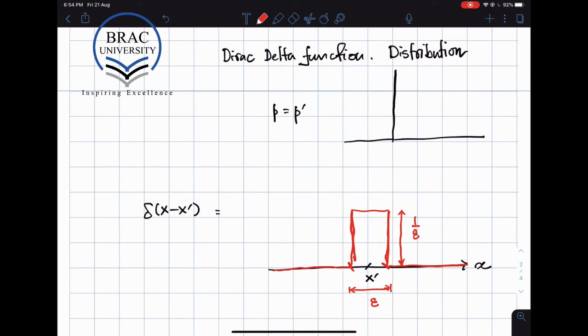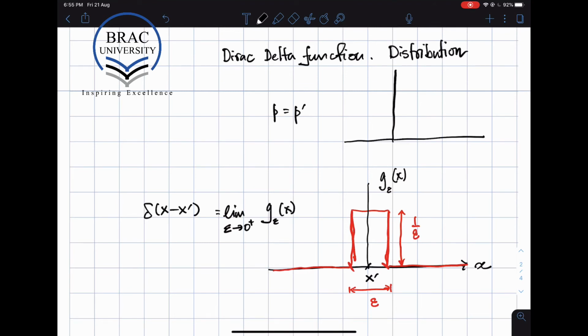So this is the top hat function. Let's call it, say, g epsilon of x. Then the Dirac delta function is given by g epsilon of x with the limit epsilon goes to 0.